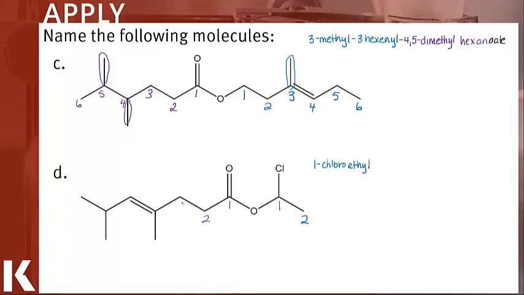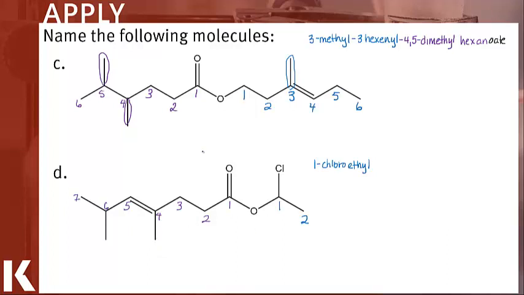Next, I'm going to look at my carboxylate portion. 1, 2, 3, 4, 5, 6, and 7 carbons. This is going to be a heptene because I have a double bond. And I have 2 methyls coming off of this, 1 on the 4th and 1 on the 6th carbon.